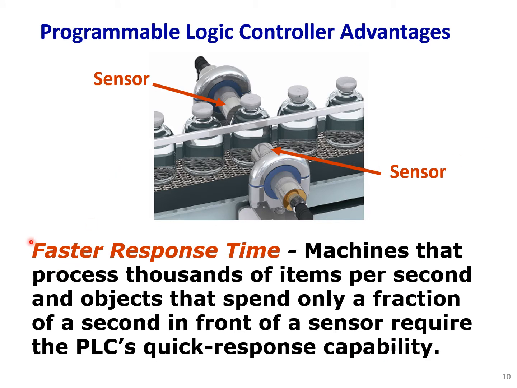Another advantage of PLCs over relay circuits is faster response time. Machines that process thousands of items per second, and objects that spend only a fraction of a second in front of a sensor, require the PLC's quick response capability. You see that these items are passing by, and here we have a sensor. The sensor needs to send a signal to the PLC.